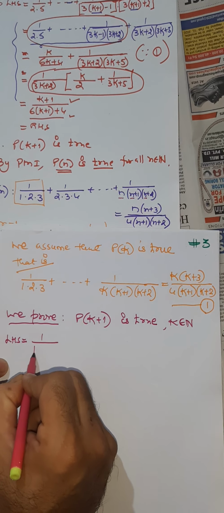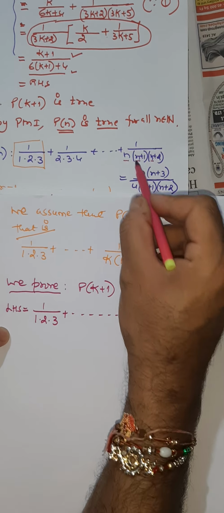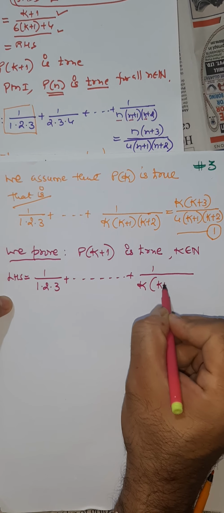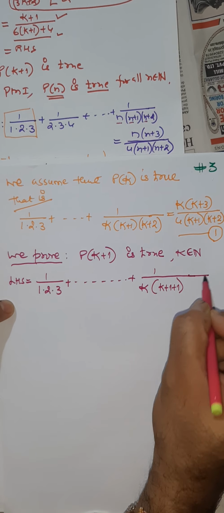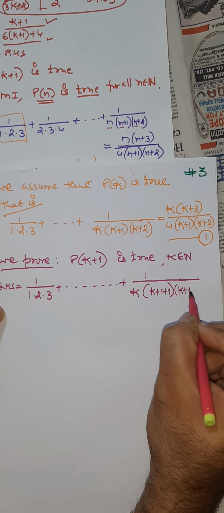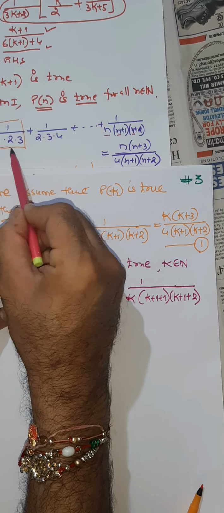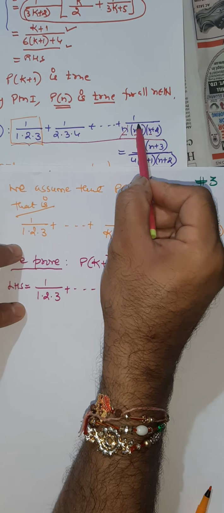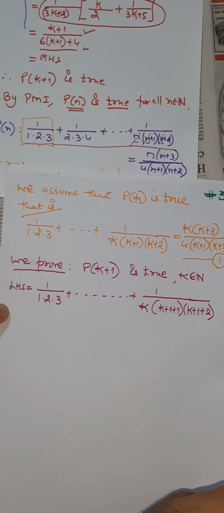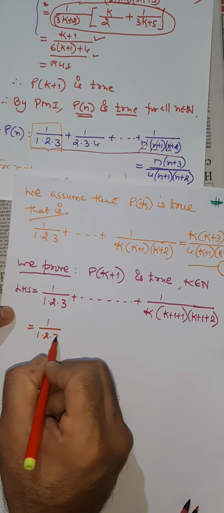So 1 upon 1 into 2 into 3, and so on, k into k plus 1 into k plus 1 plus 2. What I did? Just in the given statement, in place of n, I have placed k plus 1. Okay. Now, what we do? You know this. 1 into 2 into 3.